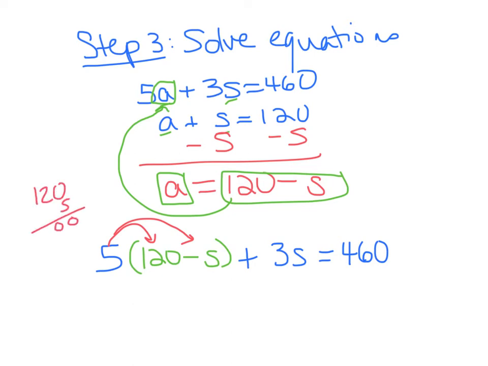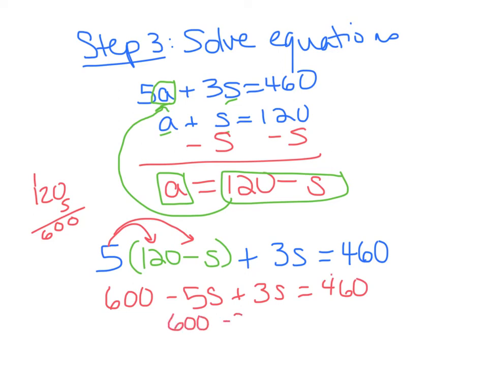Don't automatically reach for your calculator, because it's not too horrible to multiply it on the side. So we're going to end up getting 600 minus 5s plus 3s equals 460. That's going to give you 600 minus 2s equals 460.